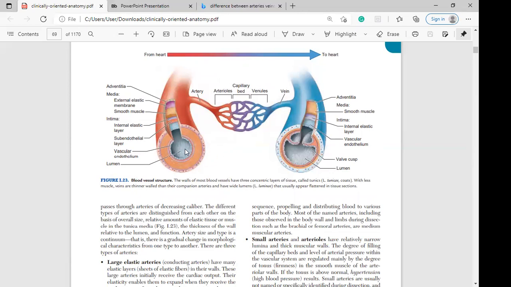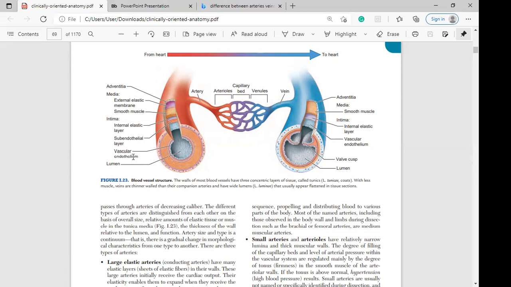We said that the innermost tunic is the tunica intima, yes? And that tunica intima contains what? Endothelium. Here you see this innermost wall that looks gray in color. This innermost one is what we call the Tunica Intima, and that Tunica Intima contains what? Endothelium.